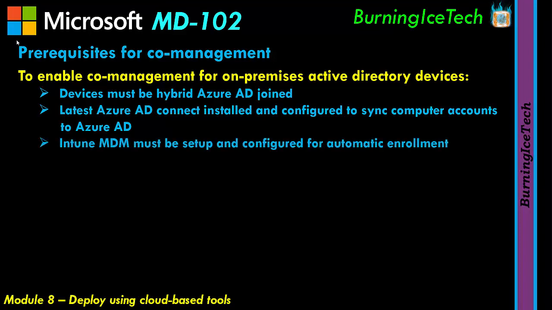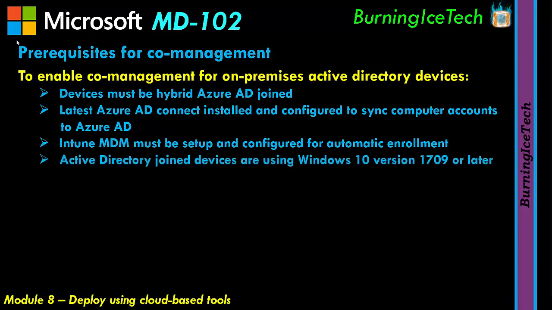Now, Intune's mobile device management must be set up and configured for automatic enrollment. Active Directory joined devices must be using Windows 10, version 1709 build or later. I'm not sure how familiar you are with builds, but if you are, you would know that it's a very old build from around 2017, from the beginning when Windows 10 just came out.